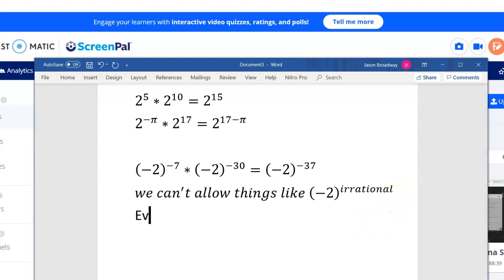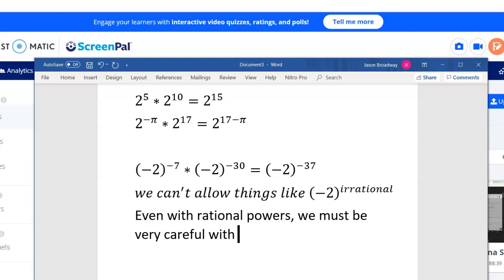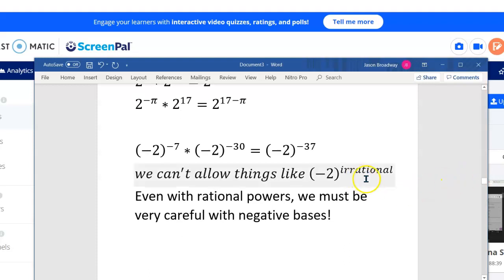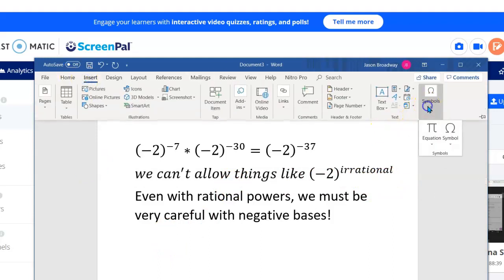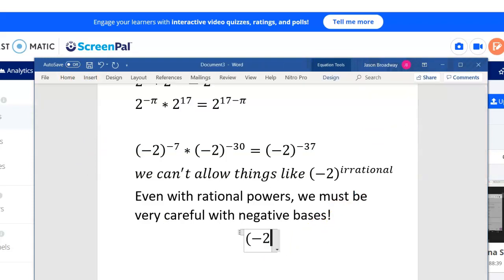even with rational powers, we must be very careful with negative bases. And indeed, negative 2 to the power of a rational number, will it make sense?